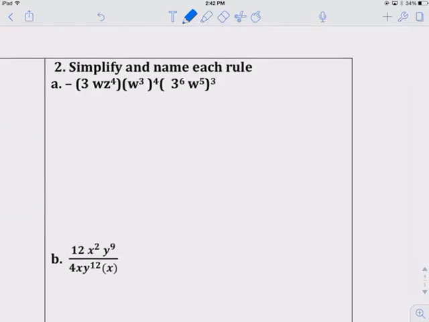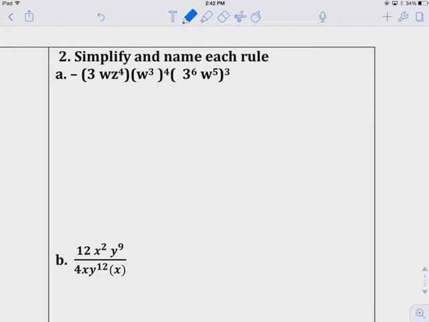Yeah. Okay, this one here, what property would you use first? Exponent. Yeah, exponent power to power. That's good. When you see it as a choice, you'll know which one to choose, right? Power to a power. So that gives you w to the 12th.